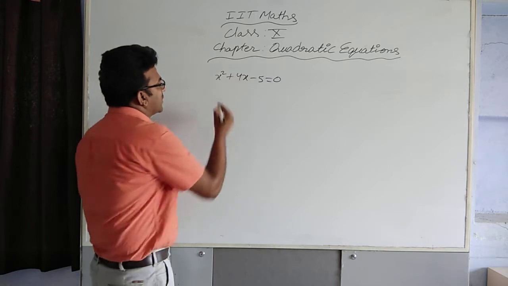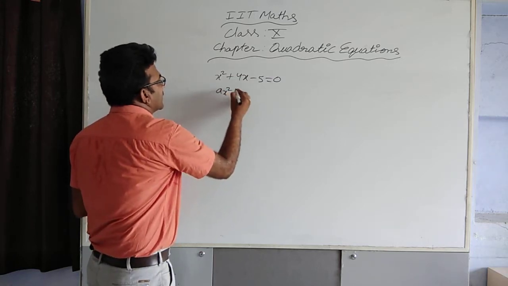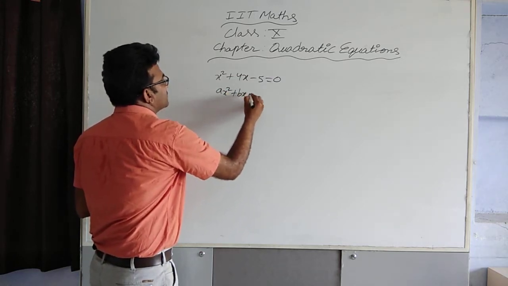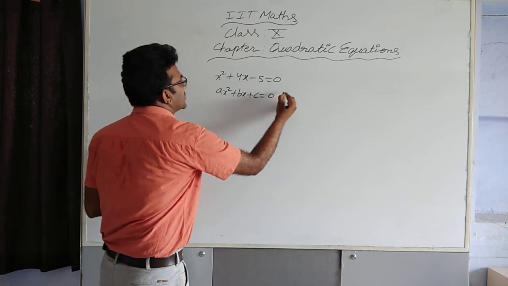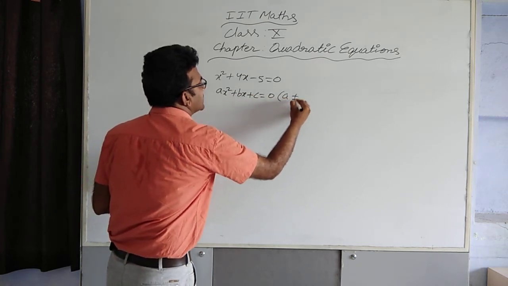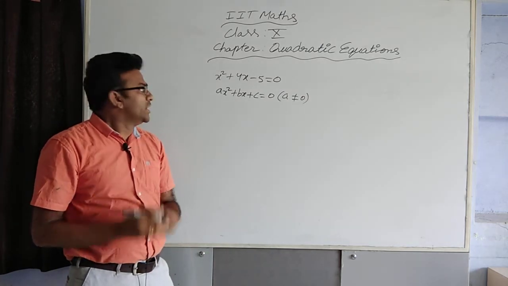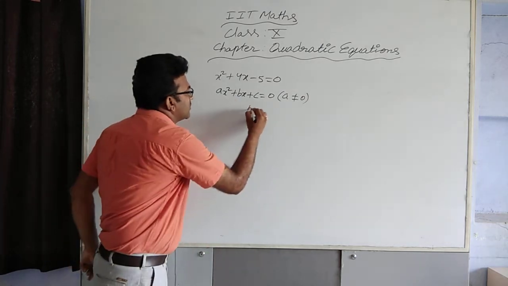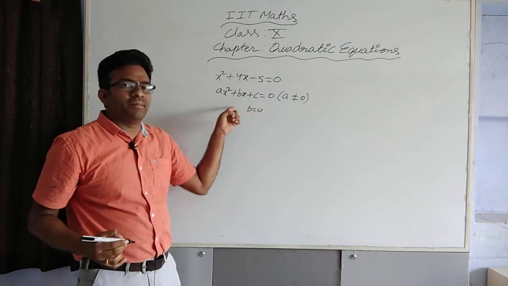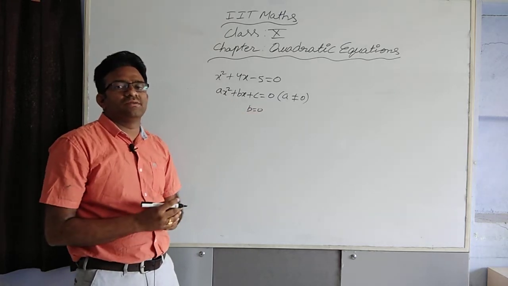The general form of the quadratic equation is ax square plus bx plus c equal to 0, where a is not equal to 0. If b equal to 0, then it becomes a pure quadratic equation.